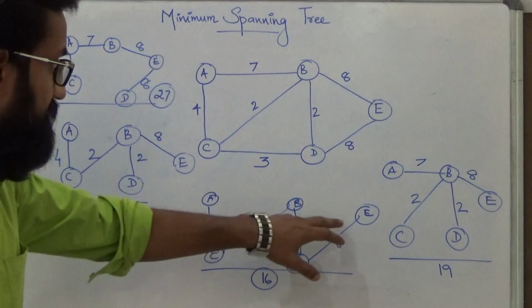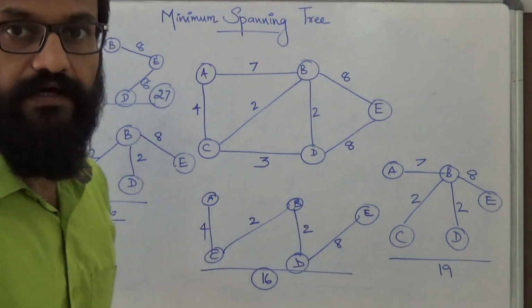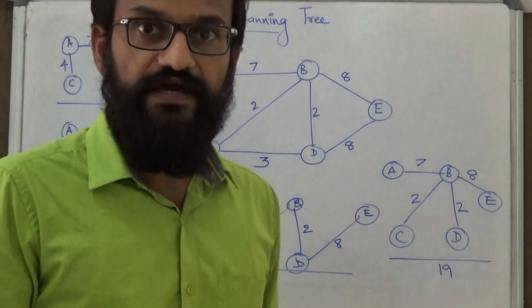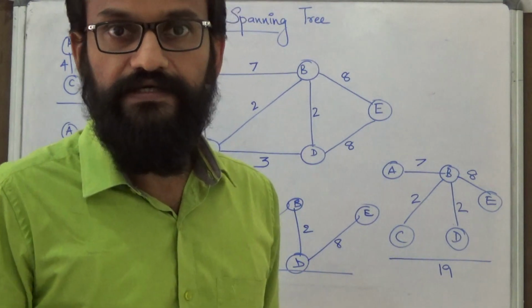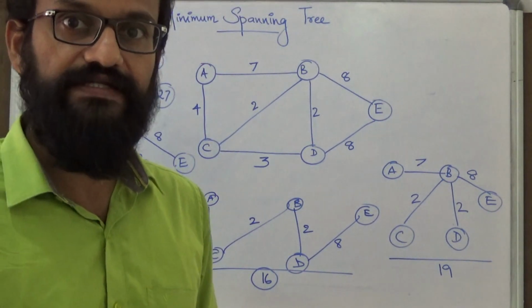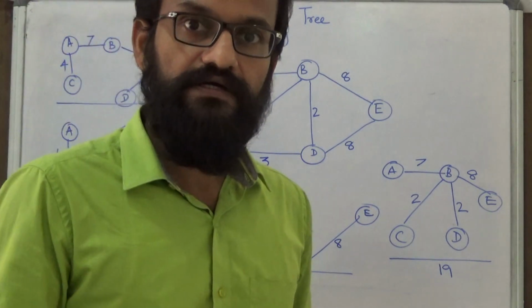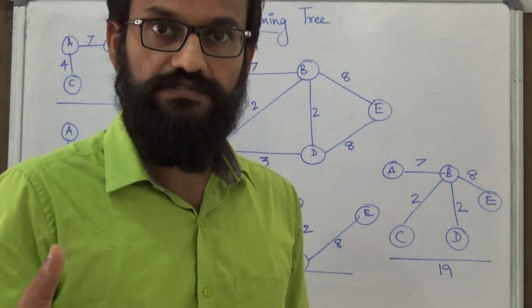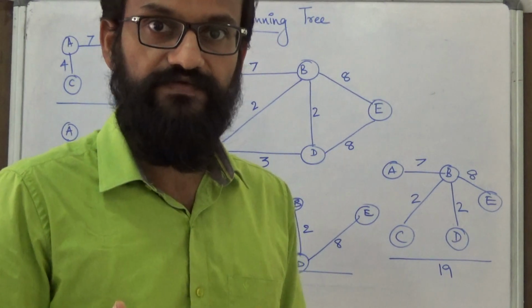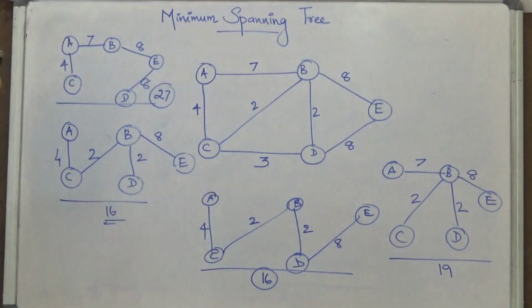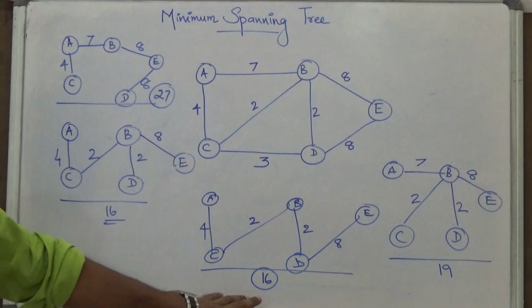Here the total cost is 16, which indicates that you cannot identify another spanning tree whose total edge weight is lesser than 16. You can have another spanning tree whose total edge weight is 16, which implies that you can have multiple minimum spanning trees for a given graph.